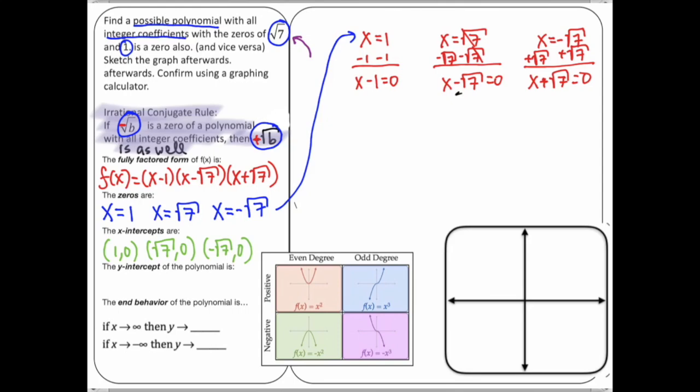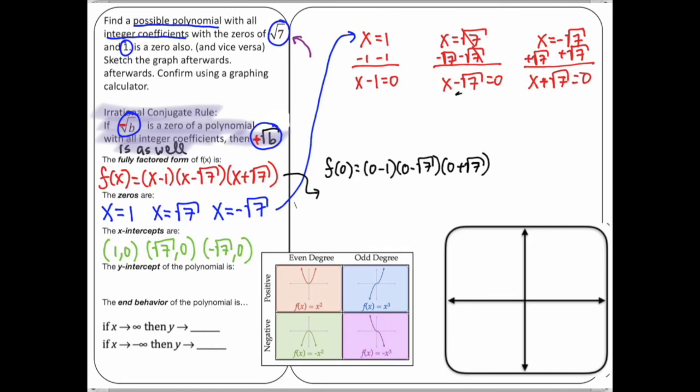Okay, the y-intercept: plugging 0 into the fully factored form, f of 0 equals 0 minus 1 times 0 minus the square root of 7 times 0 plus the square root of 7.